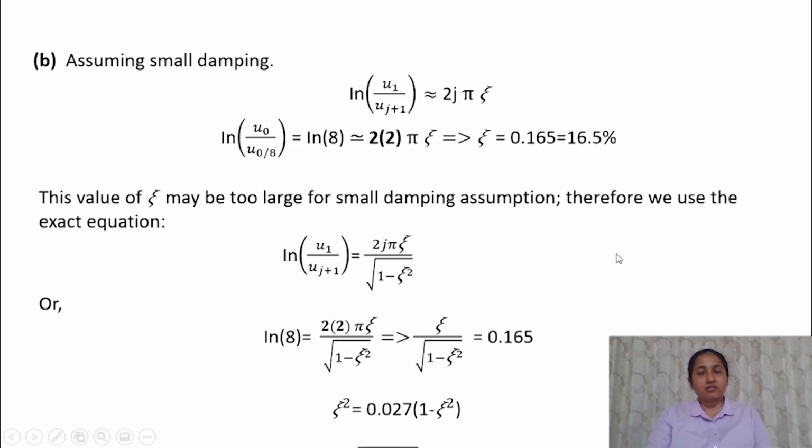As we assumed in the previous example, initially we can assume that the damping is small. So, we can equate the logarithmic decrement to 2 pi zeta. This is similar to what we did in the previous problem. And we know that the amplitude becomes 1/8 after 2 cycles.